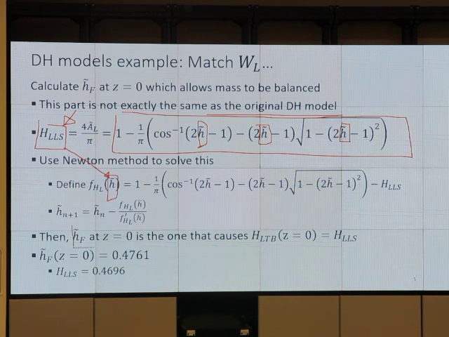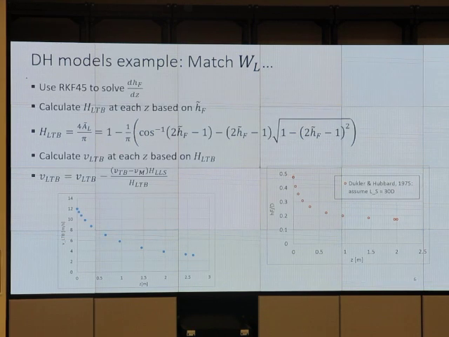Then HF at z equal to 0 can be obtained. Alright, I got that. Look at that value: 0.4696, 0.4761. Pretty close, so it's good. Then use RKF45 to solve the big expression for the Dukler-Hubbard model.